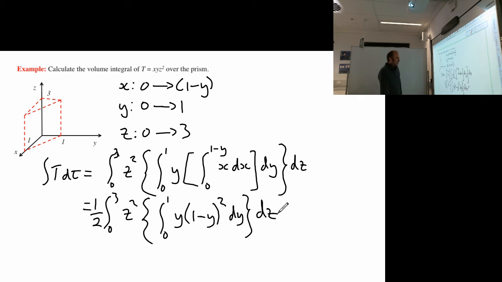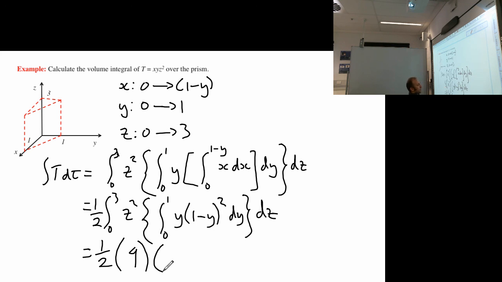So now when we work this out and we do the integrals, we will have a half. The integral of z squared dz is going to result in z cubed over 3, which is going to give us 9.